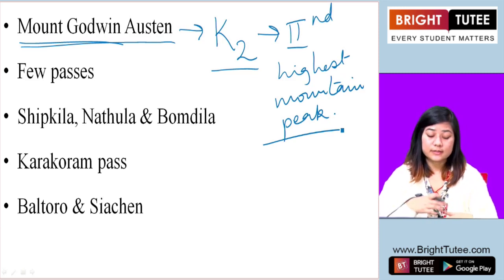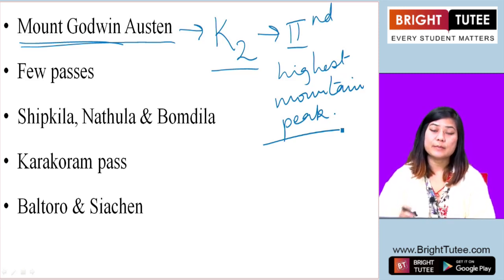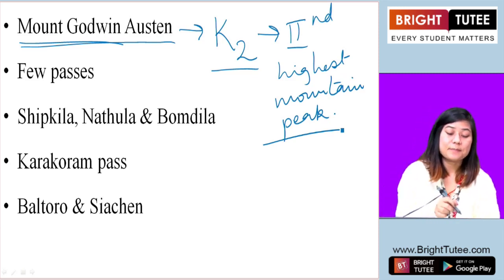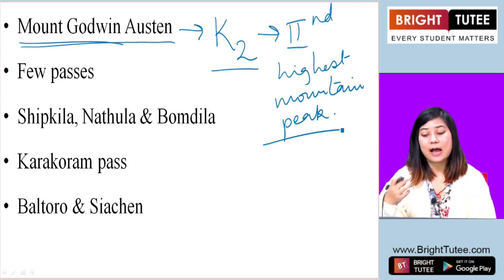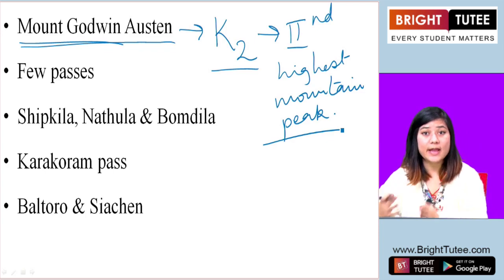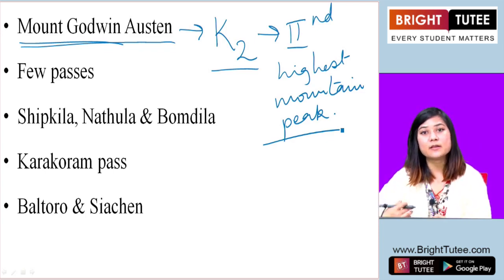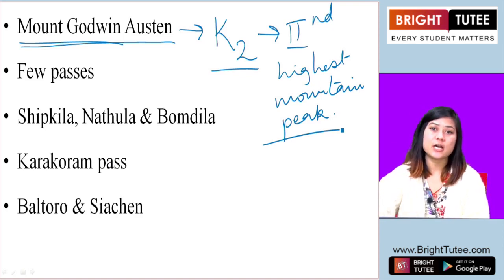Now, this range of Himalayas has many passes. These passes are areas from where people can move across the mountain range and reach the other side.